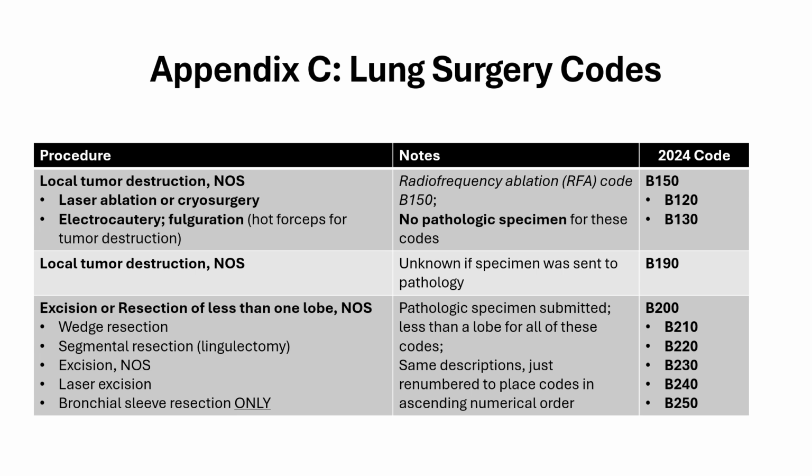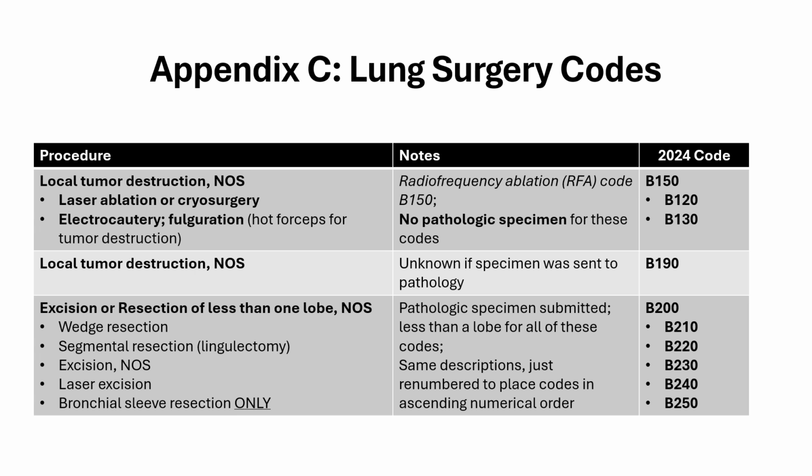Now the B200 codes, they've been reordered for alignment so that the numbers are in numerical order. So previously, wedge resection and segmental codes B210 and B220 were at the bottom of the list. Now they've moved up to the top. Again, there's really no difference. It's just numerical realignment.